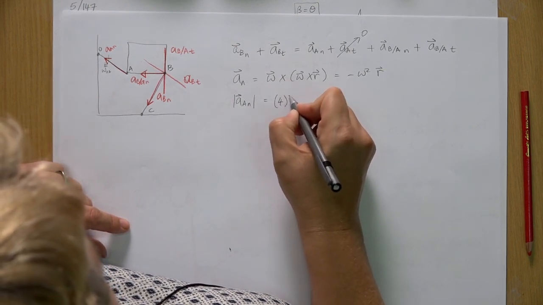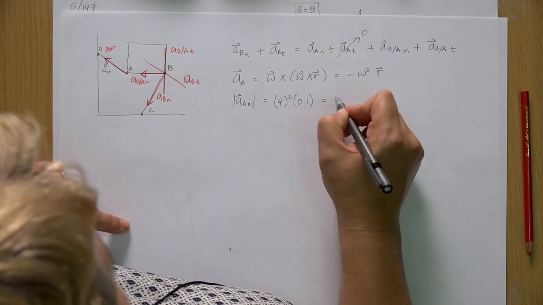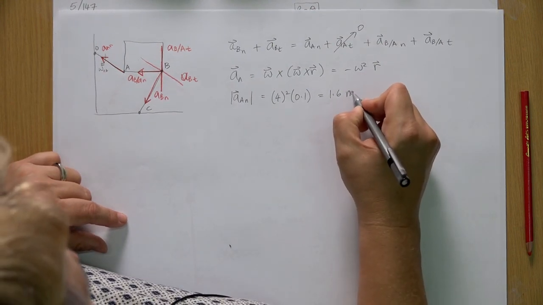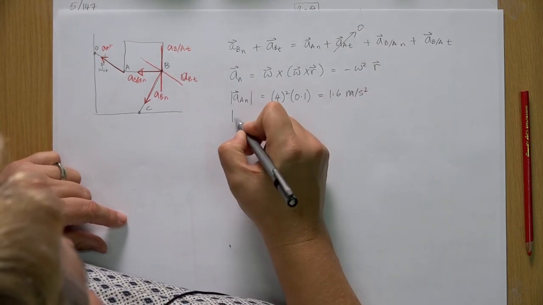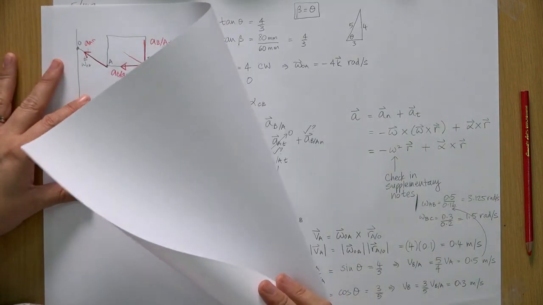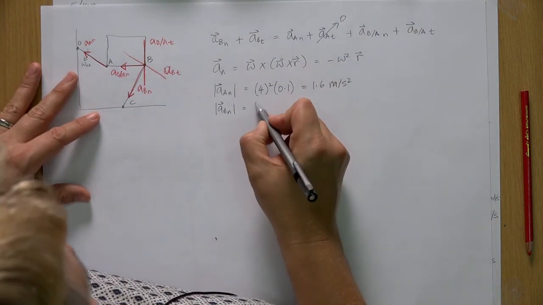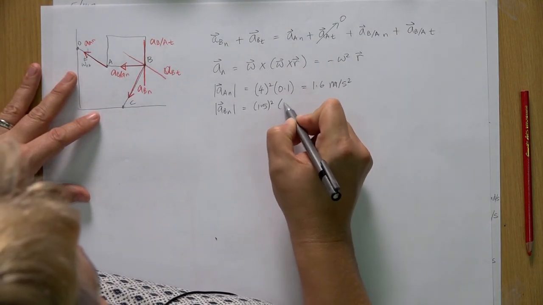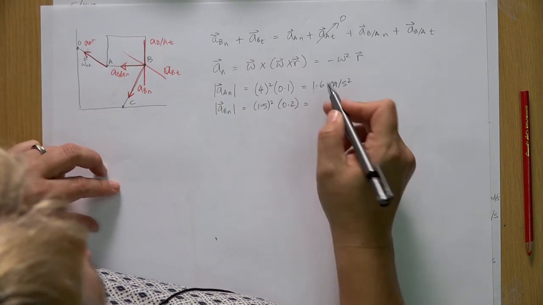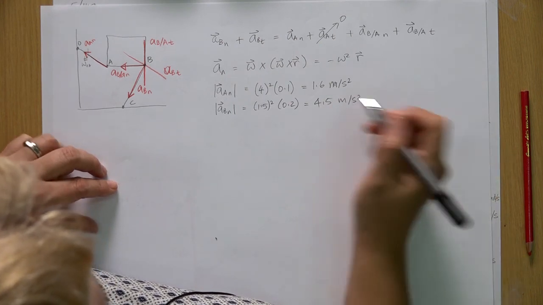Omega is 4 squared, r is 0.1, so that's 1.6 meters per second squared. AB normal is 1.5 squared times 0.2, 2.25, 4.5 meters per second squared.